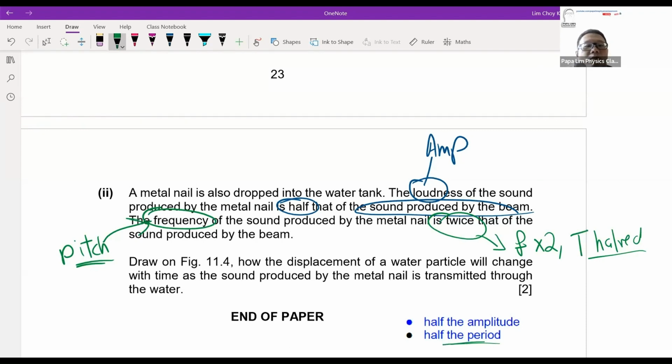And when you say loudness is half, it will mean the amplitude is actually half.